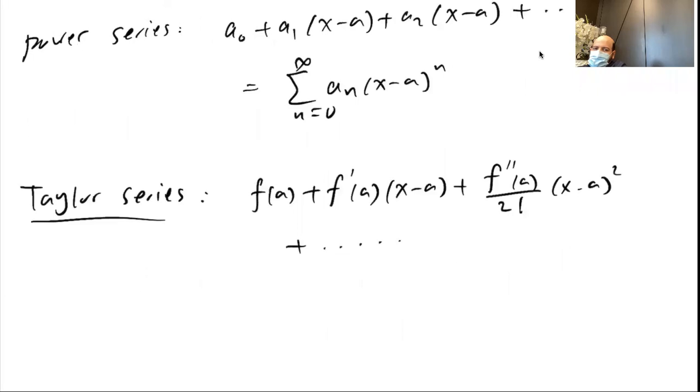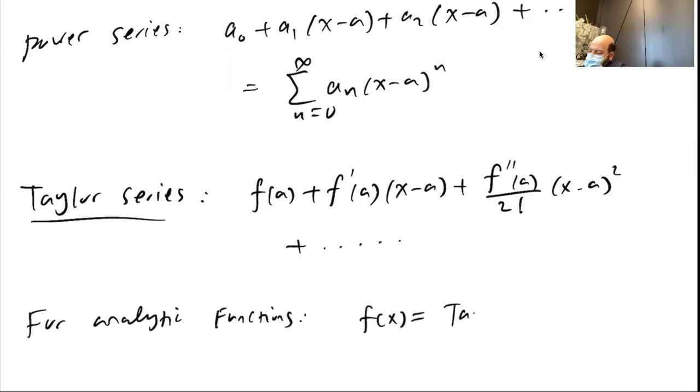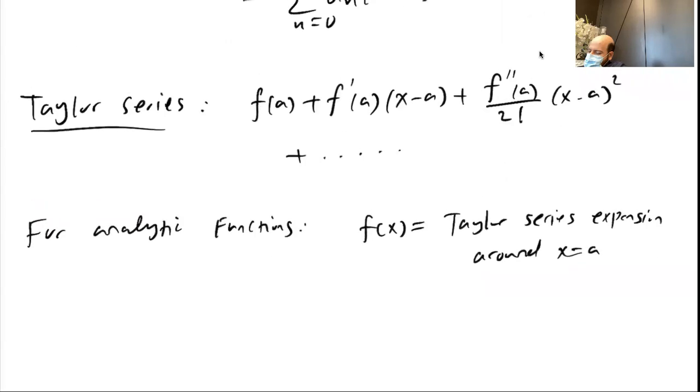And we saw the definition of an analytic function. So for analytic functions, f of x equals the Taylor series expansion around x equals a, for x close to a. And this is true for every a.